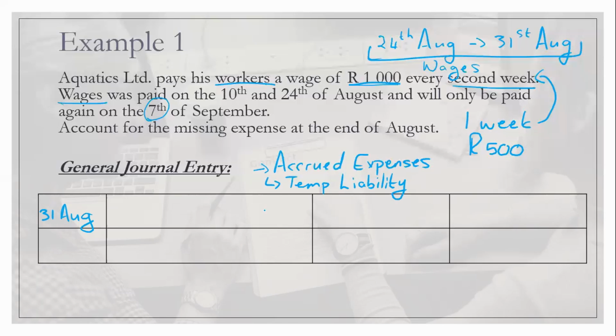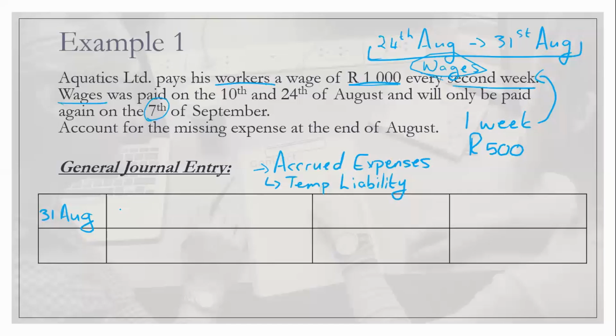Okay. So if we have accrued expenses as one of our accounts, what would our other account be? The wages. The wages. Okay. If we have wages and accrued expenses, so wages, if you remember correctly, is an equity. What would happen in this transaction? The wages would become more.